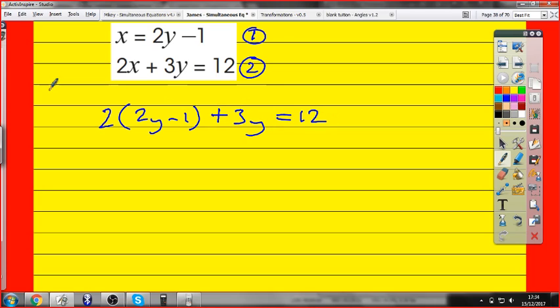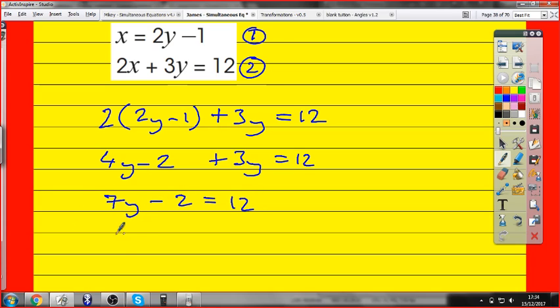Okay, are you able to solve that? So you need to do the multiplication first. So 4y minus 2, add 3y. So it's 7y minus 2 equals 12.